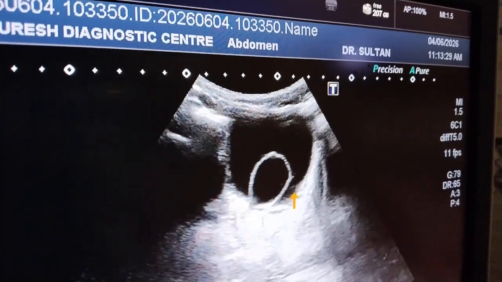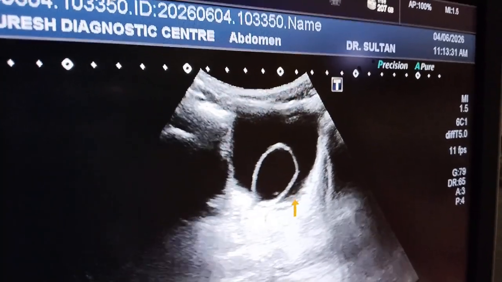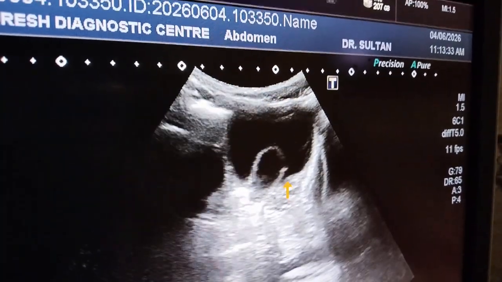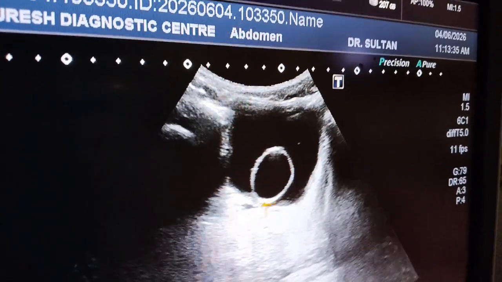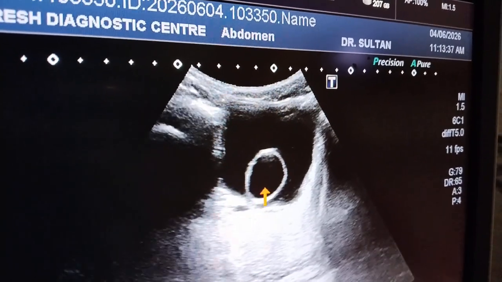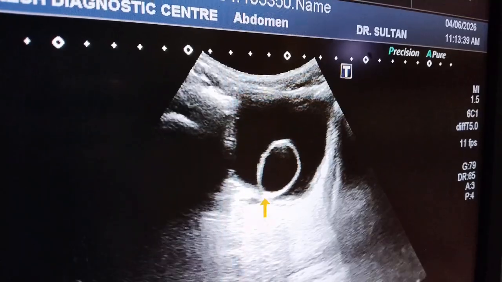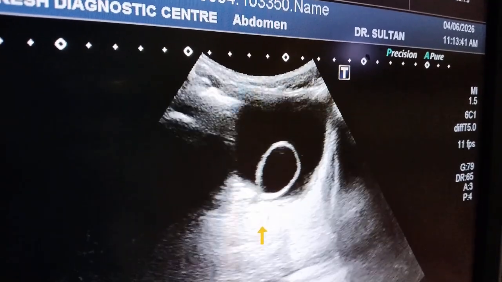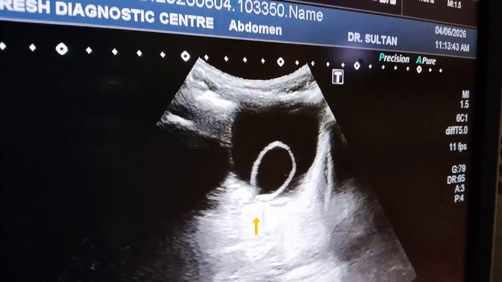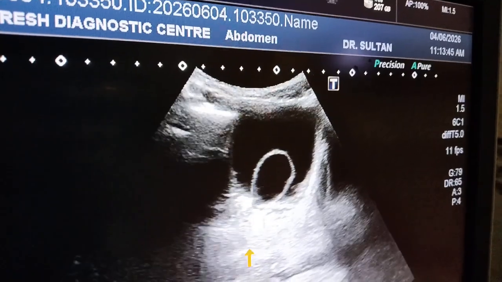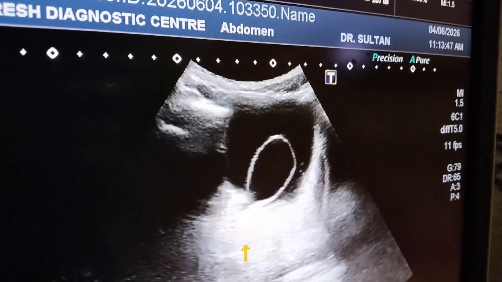We can appreciate that the urine jet is demonstrated on the left side, while we cannot appreciate it here due to the partial obstruction by this ureterocele. Thank you very much.